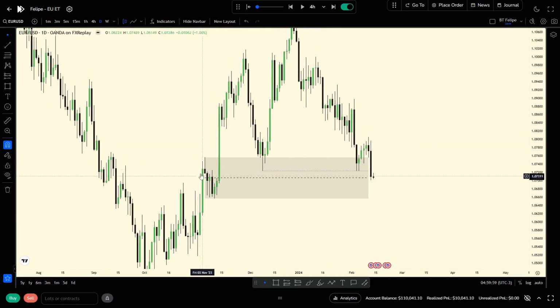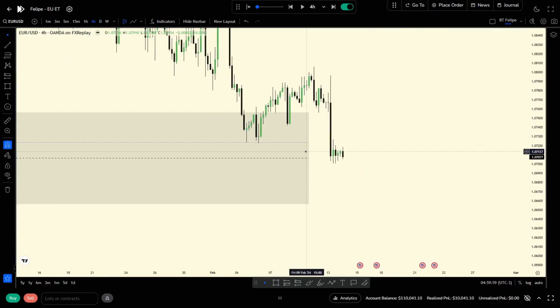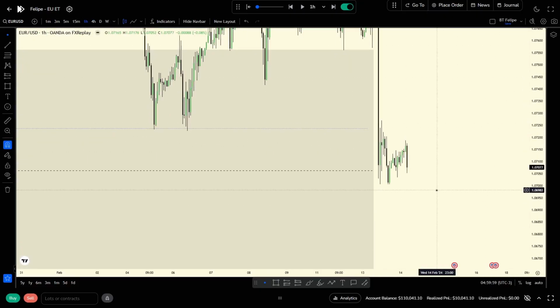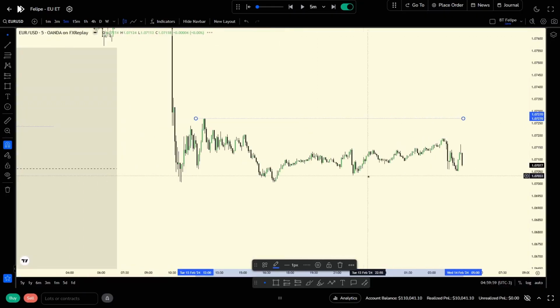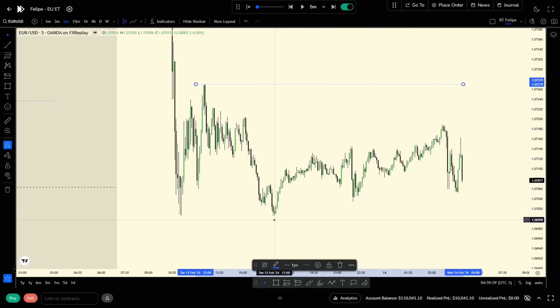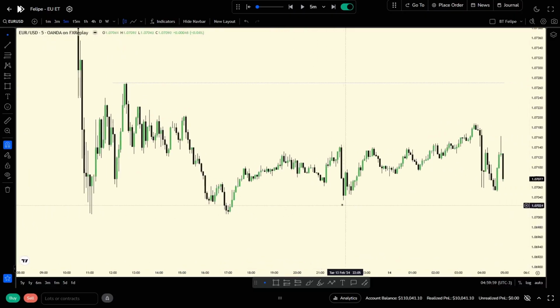So we are currently inside this demand area. Maybe some longs here would be nice. Price is only going down currently, so not much to do, I think. This would be a nice liquidity, H1 inducement, chalk on H1, or here on M5.